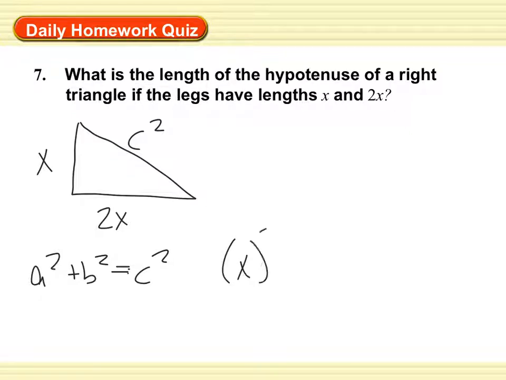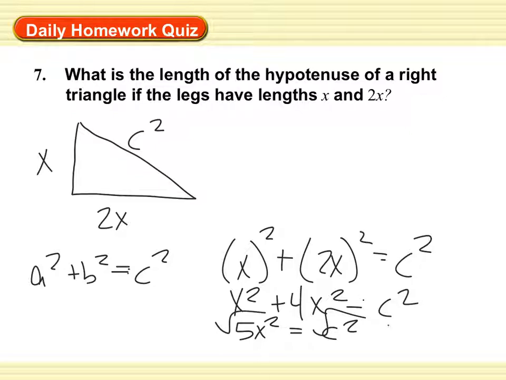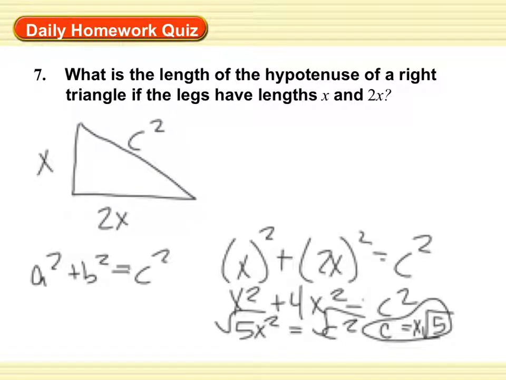So x squared plus 2x squared equals c squared. 5x squared equals c squared. Square root of both sides. C equals x square root of 5 if I simplify that. Okay, see if you can get that. Nice work. That's it. We're done.